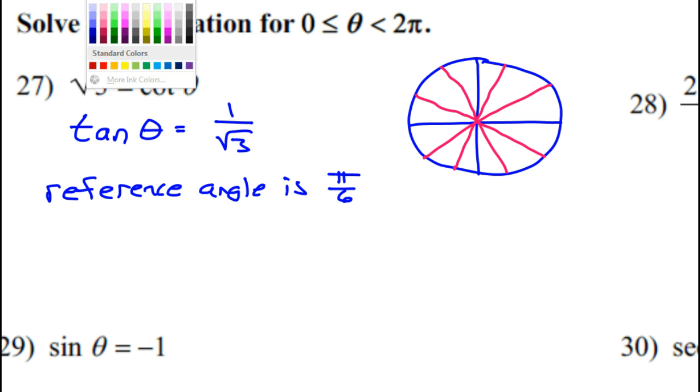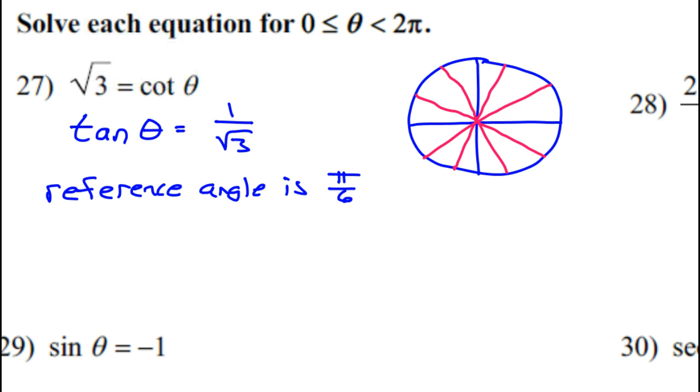Now the point of that is these are the 4 angles that have a reference angle of pi over 6, because remember the reference angle, that's the angle against the x-axis. So the tangent of any one of these is going to give me an answer of 1 over radical 3, except 2 of these will be positive and 2 of these will be negative 1 over radical 3.